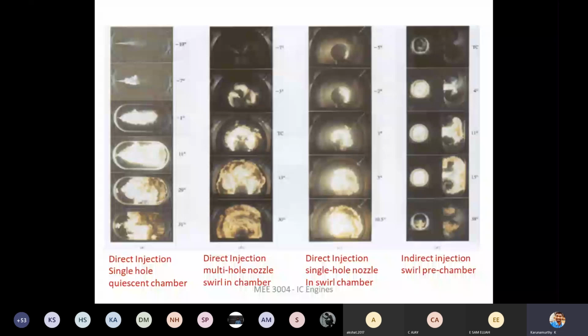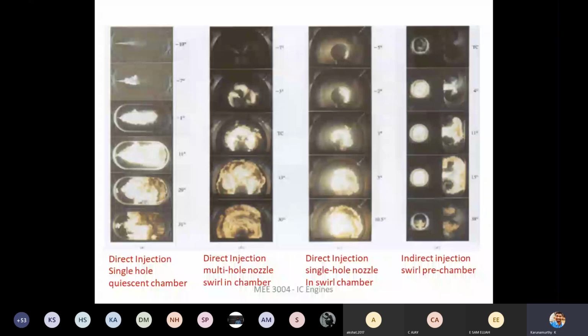This is the main combustion chamber and this is the pre-combustion chamber. In the pre-combustion chamber the fuel is injected, and from here it is going to enter into the main combustion chamber. That combustion pattern you can see in this diagram. So these are some of the patterns of the fuel spray when it undergoes combustion inside the engine cylinder for different cases like single hole, multi-hole, direct injection, indirect injection.